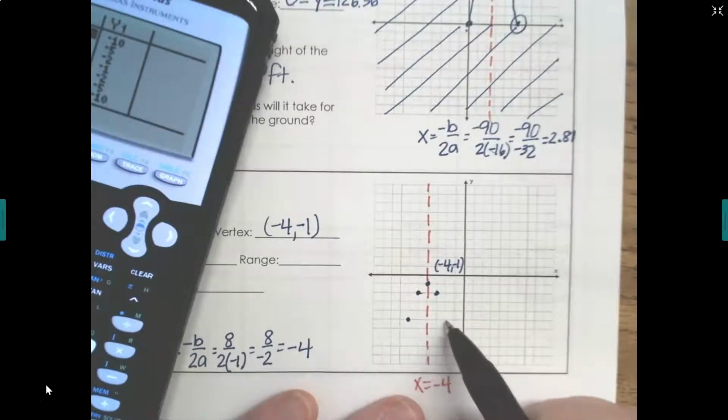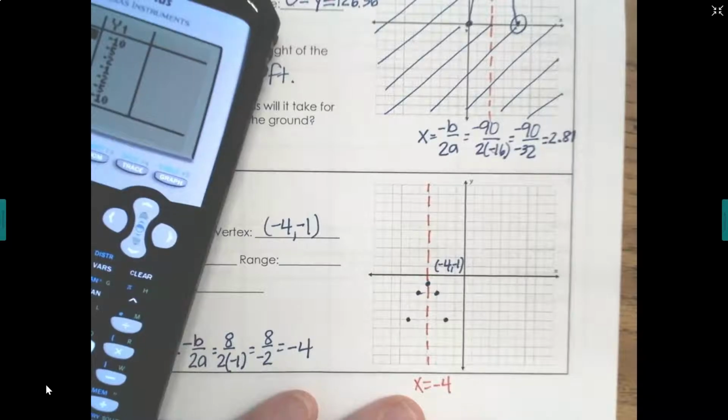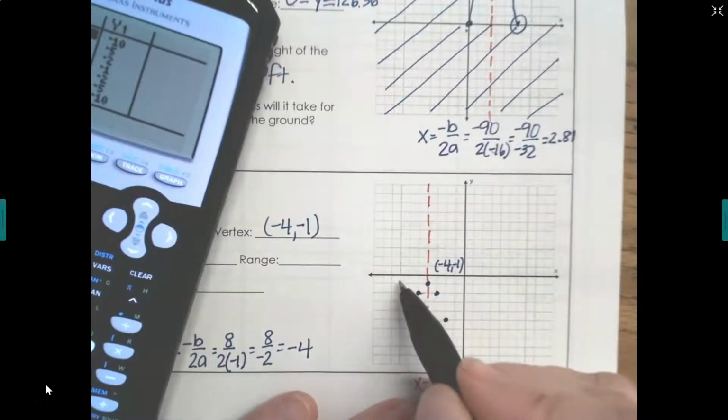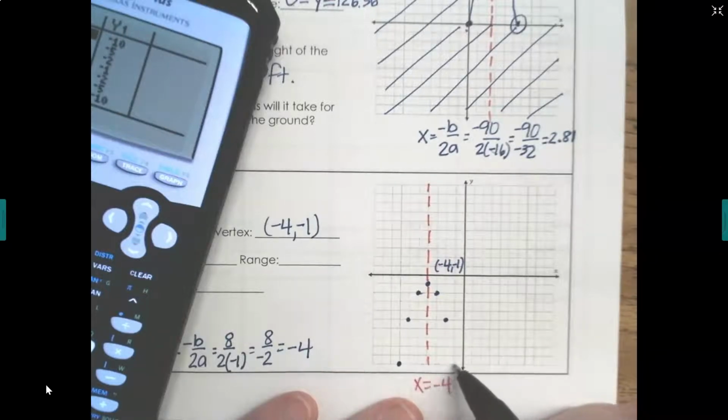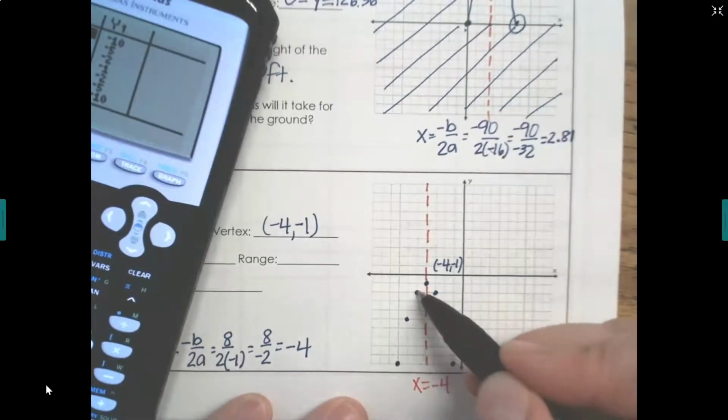It's 2 to the left, so I can go 2 to the right on the same level. And then I have -7, -10, which is all the way down here. That is 1, 2, 3 to the left of the axis of symmetry. So I'm going to go 1, 2, 3 to the right to put the other corresponding points so they're symmetrical.